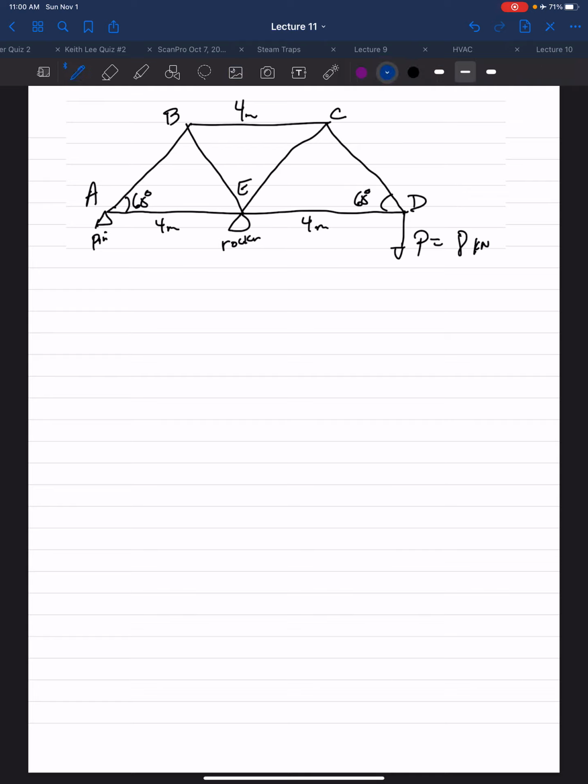So if I now go to joint C, we know FCD, which is calculated.